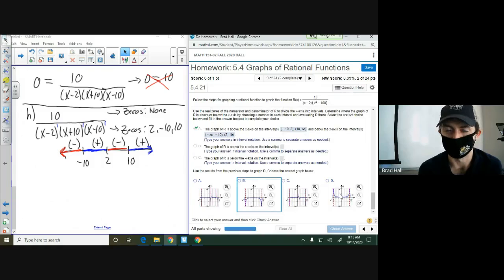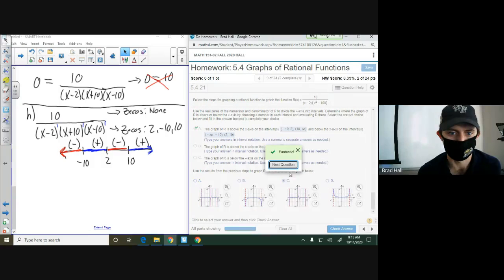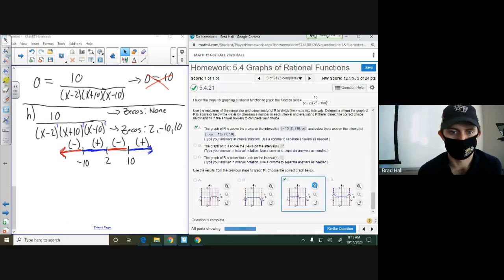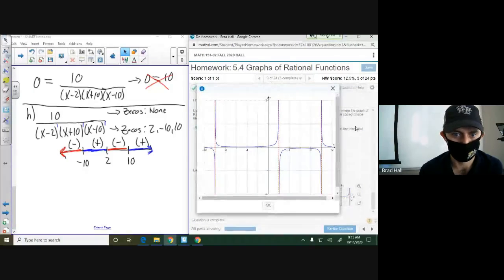So B and D would both be out because they're both one-sided, and we've shown many times over that this is two-sided. It turns out that we will choose answer choice C, because with C, the rightmost part is above the x-axis, which agrees with our determination over here.